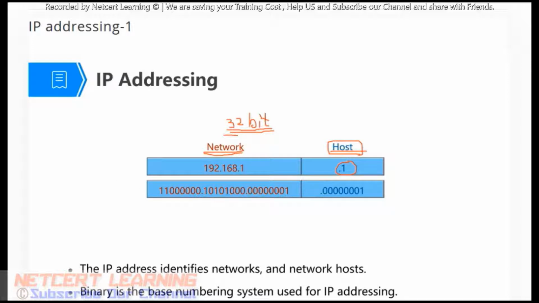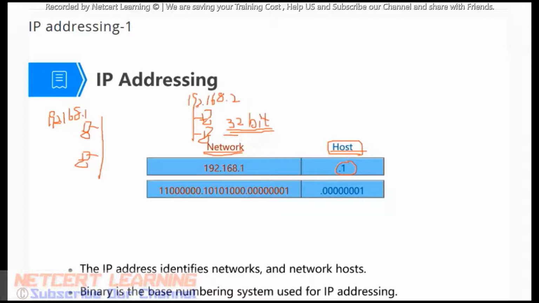As we know, the network is organized like this. There's one network and there's another network. Each network must have a network number. Maybe this is 192.168.1, and this may be 192.168.2.